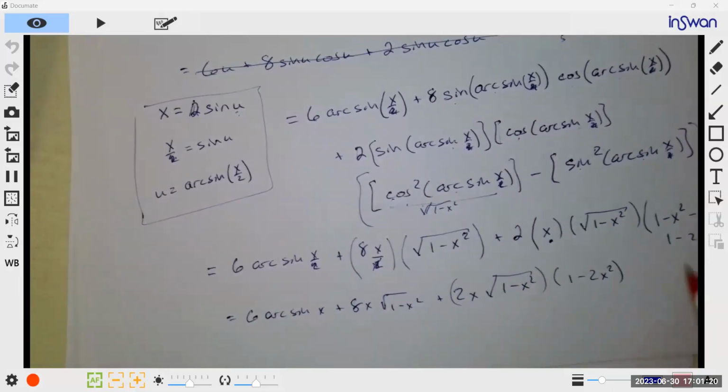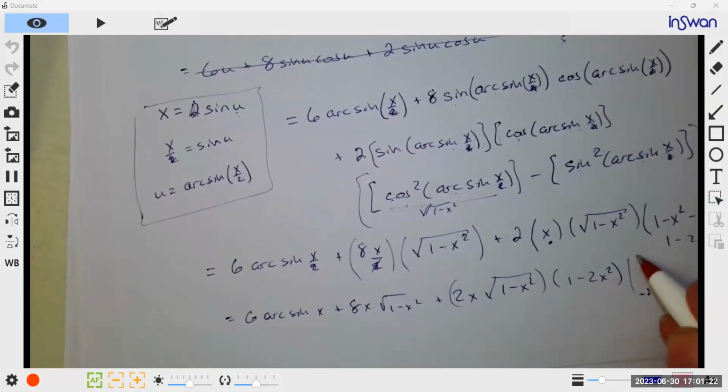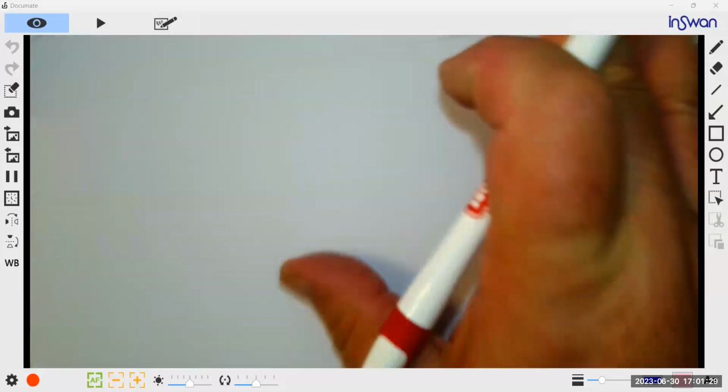Okay, now this is our integral, so we have from -2 to 2. Yeah, this was not a fun one.